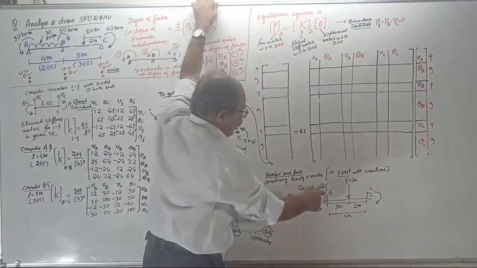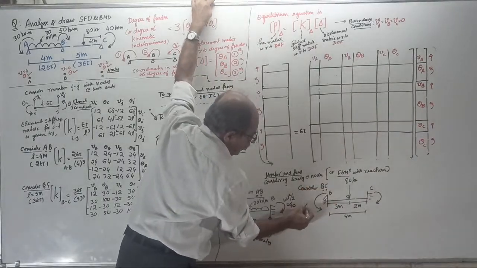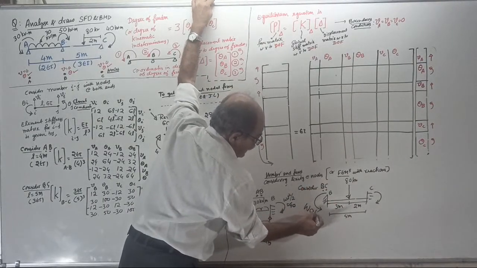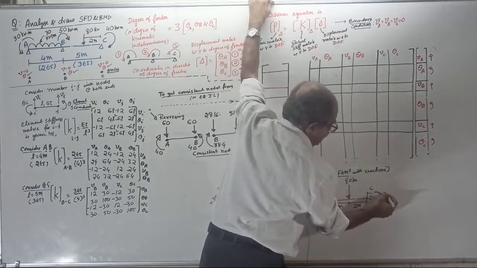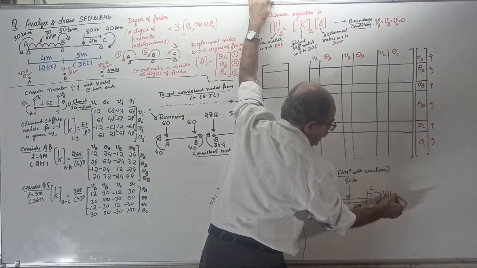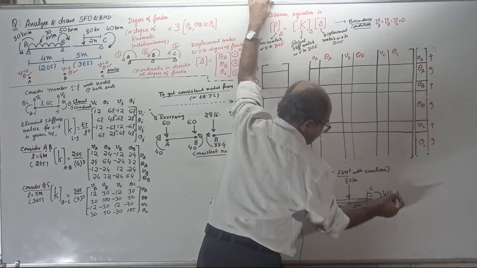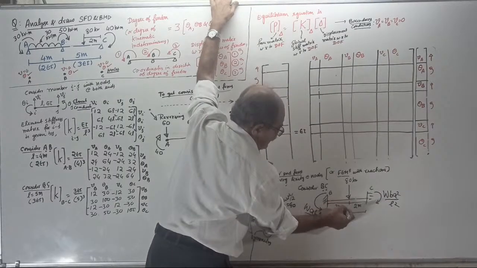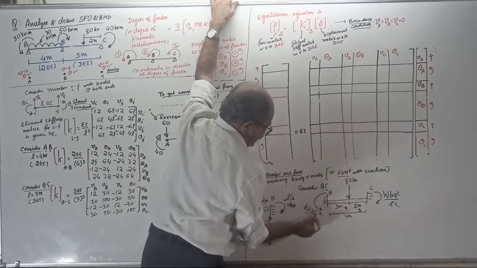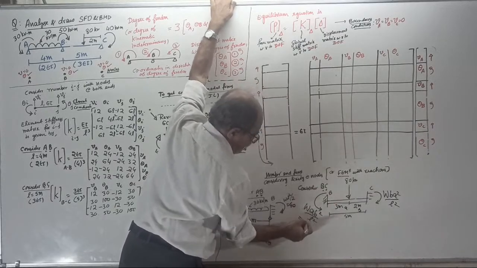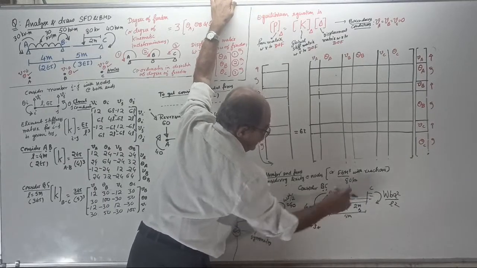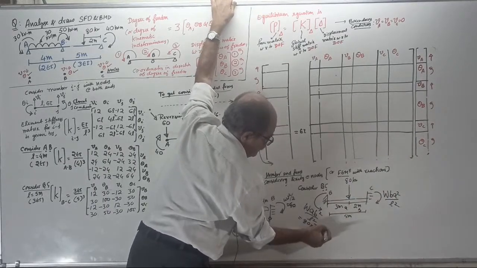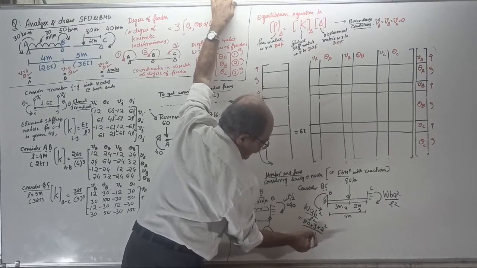Formula for point load: W A B square by L square. This one. W B A square by L square. This is A, this is A, this is B. So equal to W 80 into A 3 into B square 2 square by 5 square.